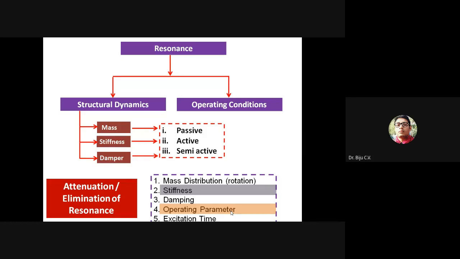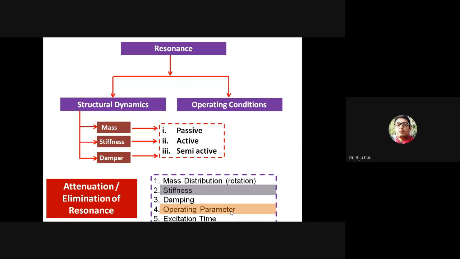That is the easiest method, because if the operator is well aware of the natural frequency, or can identify the resonance at the onset, he can move to different operating conditions. But in certain conditions it may not be possible because the operator may not be there, since new generation systems are operated automatically. So operating conditions cannot be changed as and when we want.